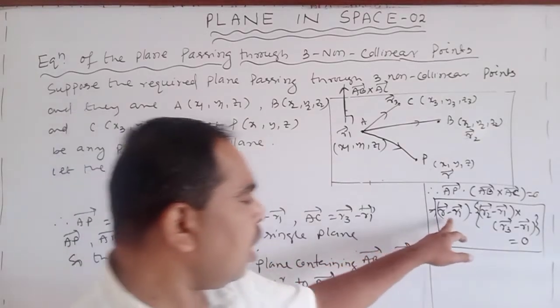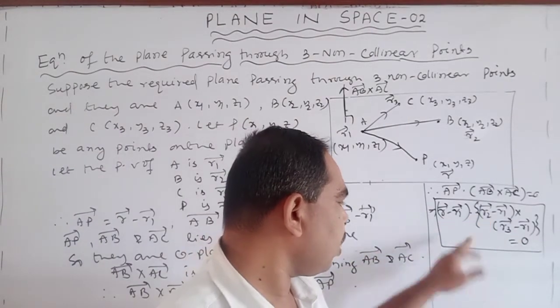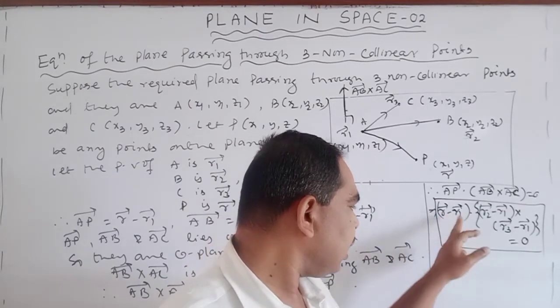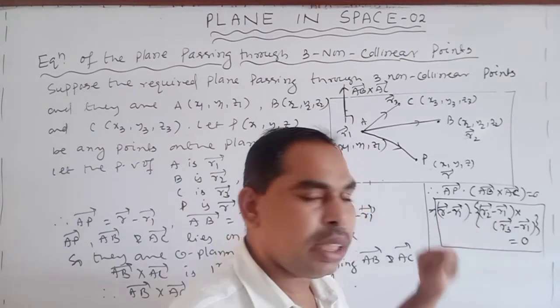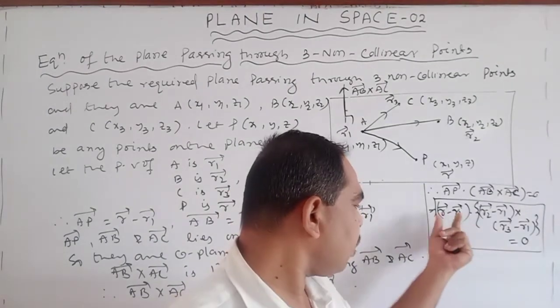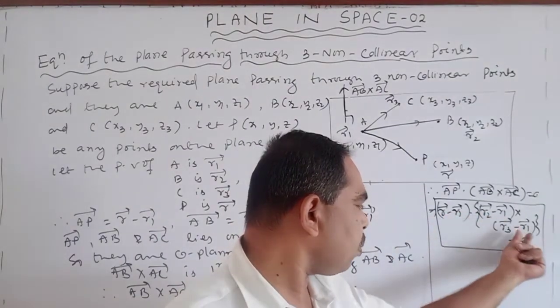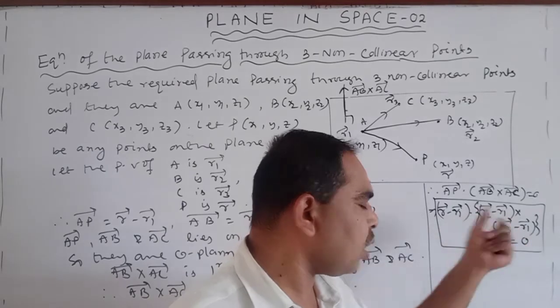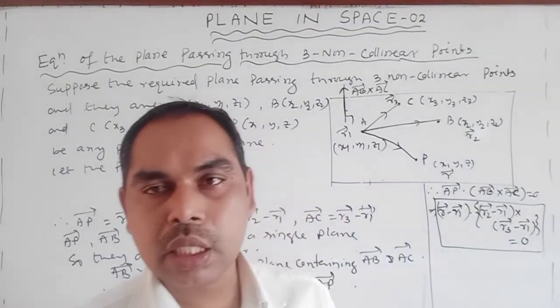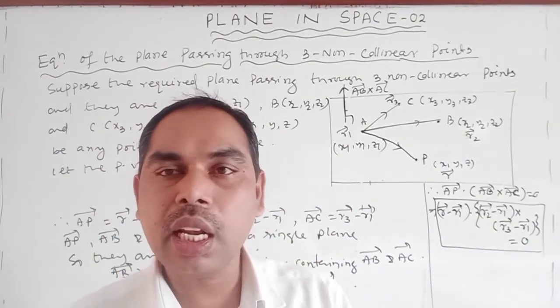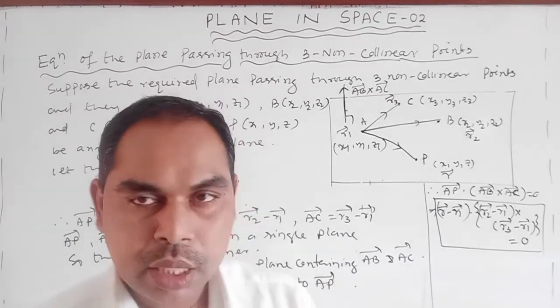So this is called scalar triple product. कहीं देखो, this is called scalar triple product, because suppose this is small a, this is small b, this is small c, a vector dot b cross c is called scalar triple product. Okay, तो नोट कर दो.